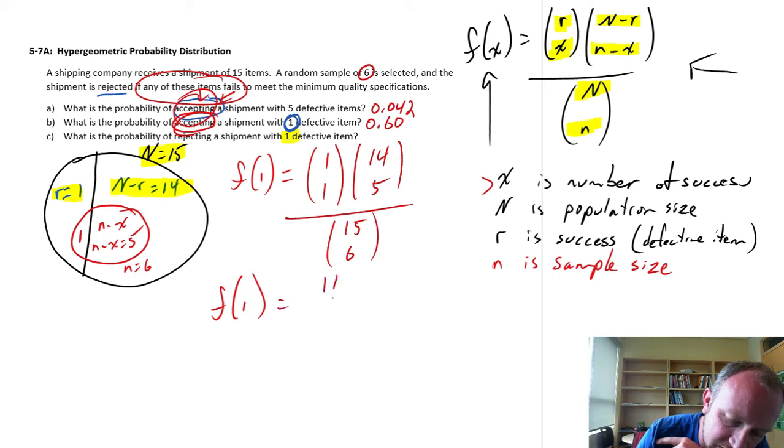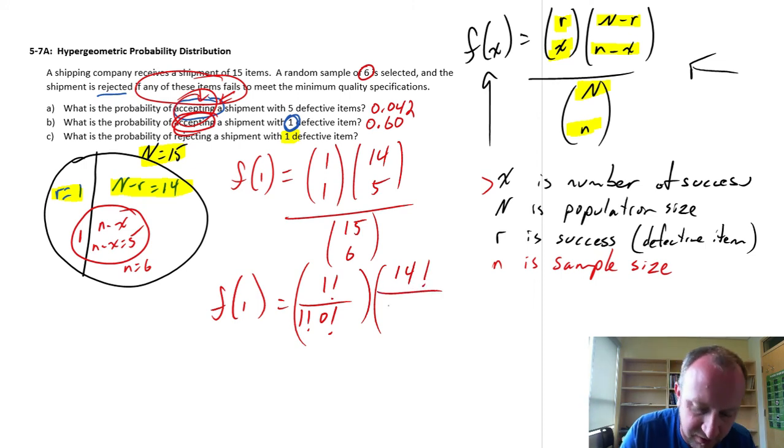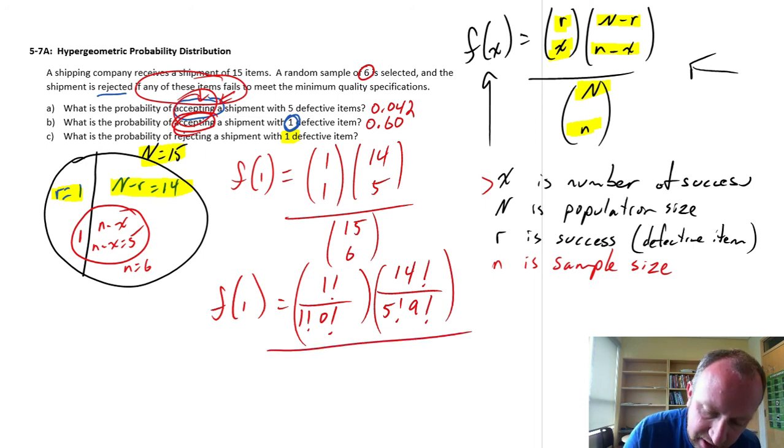So 1 factorial over 1 factorial 0 factorial times 14 factorial over 5 factorial times 9 factorial, divided by 15 factorial, and this part doesn't change, 6 factorial and 9 factorial. So again, this piece here is going to be 1.